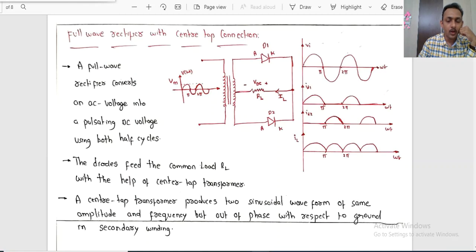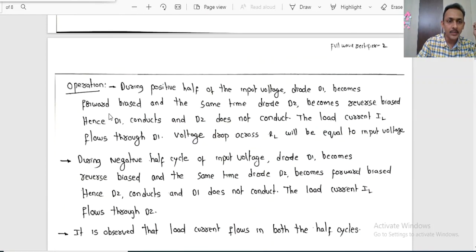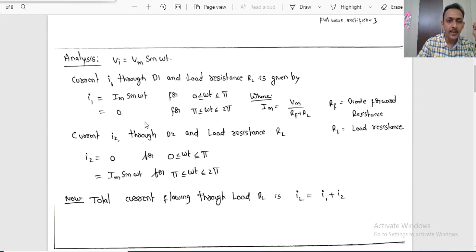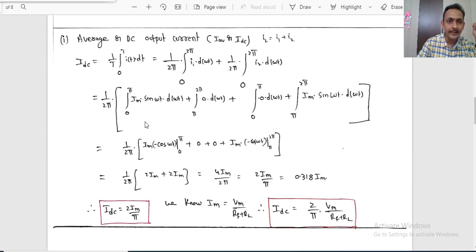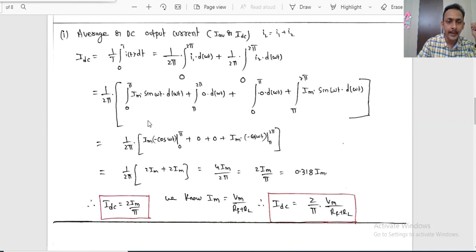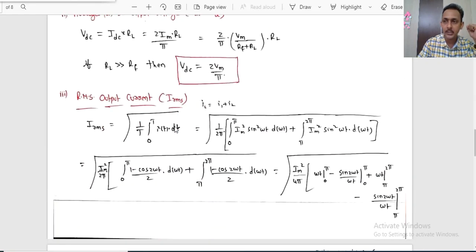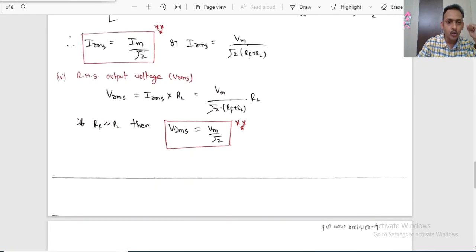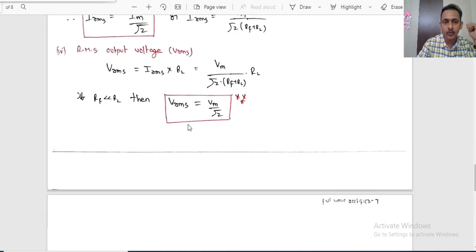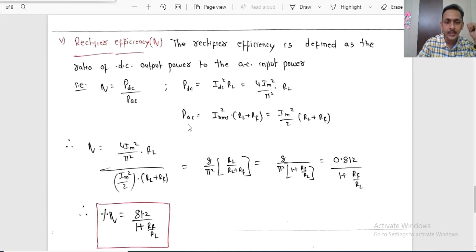In this video, one of the important topics, full wave rectifier with the center tap connection, we are going to discuss. By the time we complete this video, we will discuss its circuit diagram, the different waveforms, its operation, and the analysis part: how to calculate the DC or average output current, the average DC output voltage, RMS output current IRMS, RMS output voltage VRMS, and the rectifier efficiency eta.